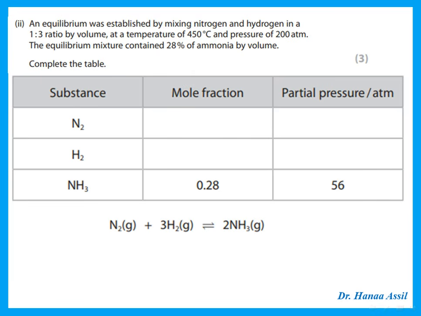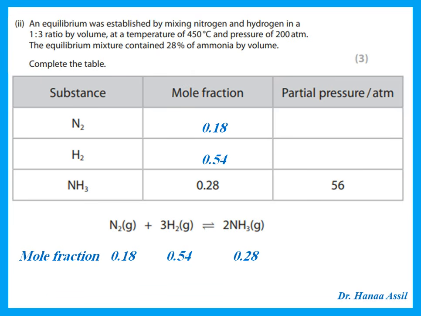So he already tells me that the mole fraction of ammonia is 0.28. Now, for the rest of the 1 mole, remember that the total of the mole fractions should be 1. Now, if ammonia is 0.28 and the others are in a ratio of 1:3, then these will be the mole fractions of nitrogen and hydrogen.